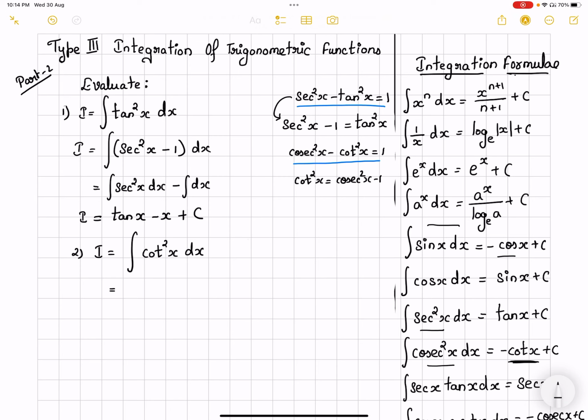So now I'm going to replace cot square with cosecant square x minus 1 dx. Now when I integrate, I would be having integral cosecant square x dx minus dx. The integration of cosecant square x is minus cot x. And then integration of dx, that means 1, which is x to the power 0, is minus x plus c. That's it. We are done with our integration.